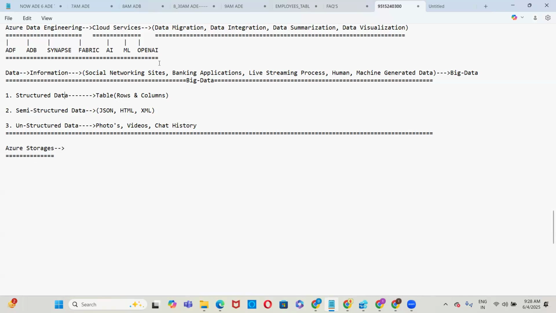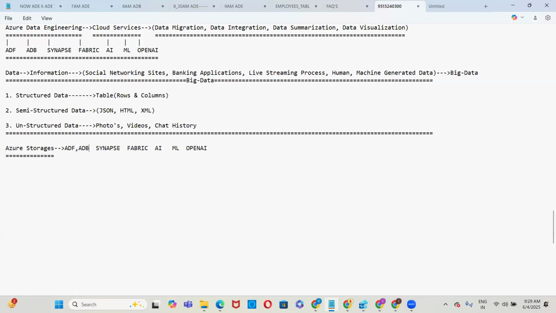Whether we use ADB, ADF, or Fabric, or any other service, these storages are common. Every service has to use this storage. Without the storage, they cannot work.